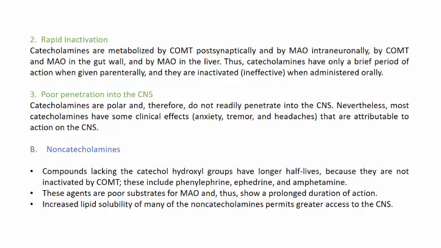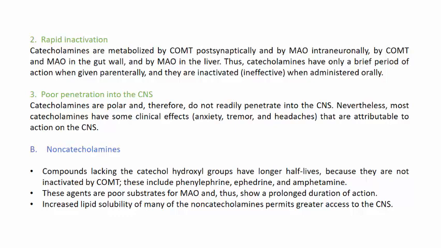Number two, rapid inactivation, so they are metabolized by the COMT, which is catechol-O-methyltransferase, both synaptically, and by the MAO, which is the monoamine oxidase, interneuronally, by COMT and MAO in the gut wall and by the MAO in the liver. هذه يعني how they are metabolized and which enzymes are responsible for the metabolism according to different organs.